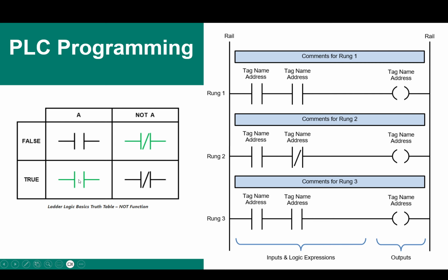If this is true, the opposite of that is false, in graphical symbol, and the color also signifies whether it's true or false. So these are common symbols and terminologies relating to PLC programming.